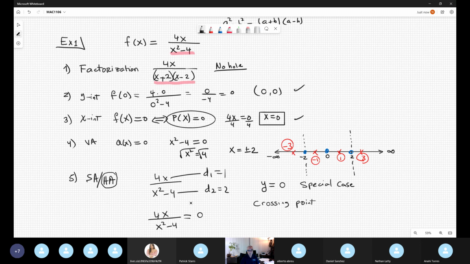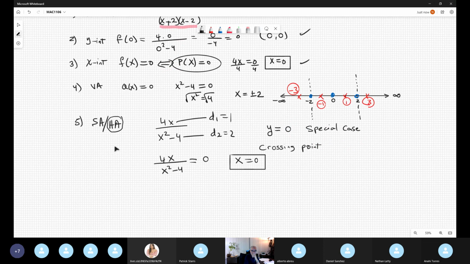Okay, 0. The answer is 0. Wow, it's a very important point in this example. It is the y-intercept, the x-intercept, and also the crossing point. You will see it clearly when I finish the problem. Everyone follow me? Yes or no? Yes. Okay.